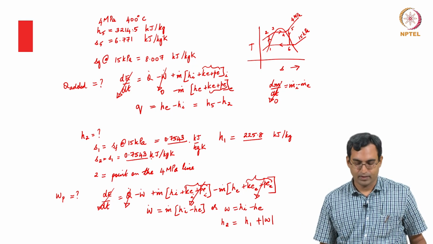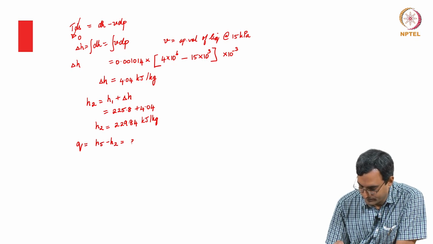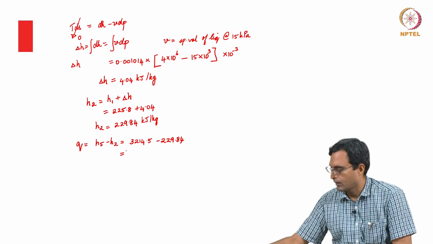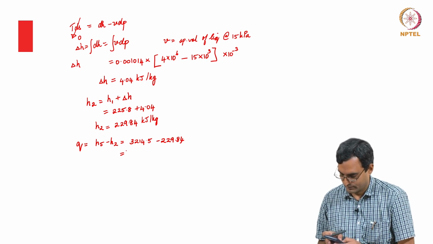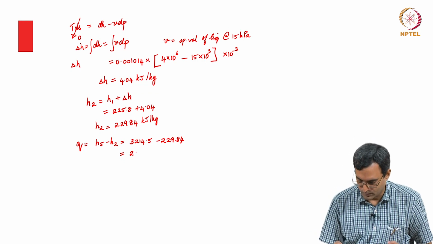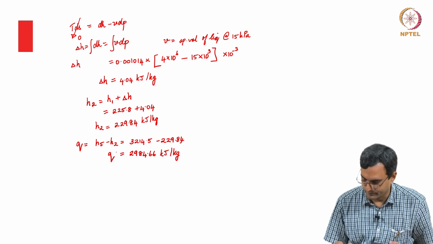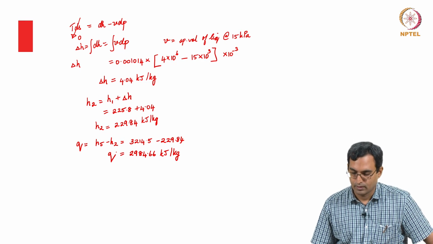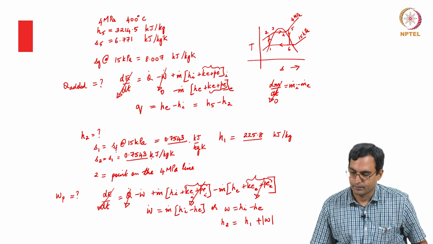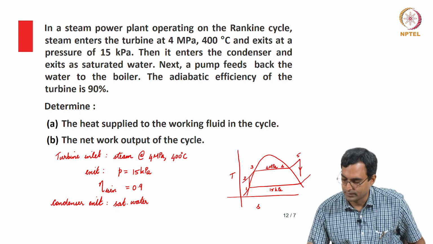H5 is here 3214.5, which gives us a value of about 2984.66 kilojoule per kg, which is the amount of heat which is transferred. So, we have found out the amount of heat transferred.